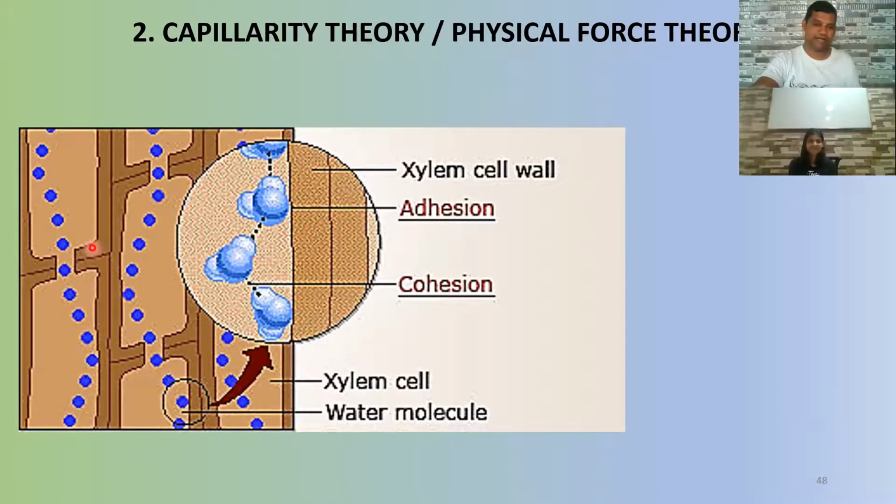In the picture shown in the background, these are the xylem vessels through which water is being conducted. The blue polka dots are nothing but water molecules going from one xylem vessel to another.